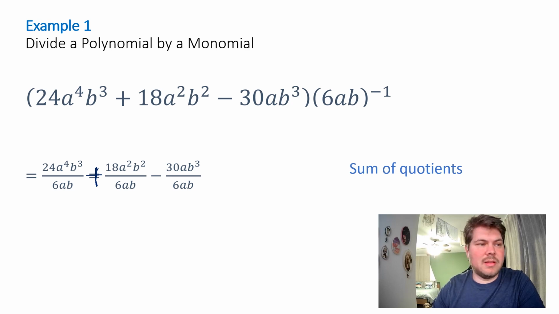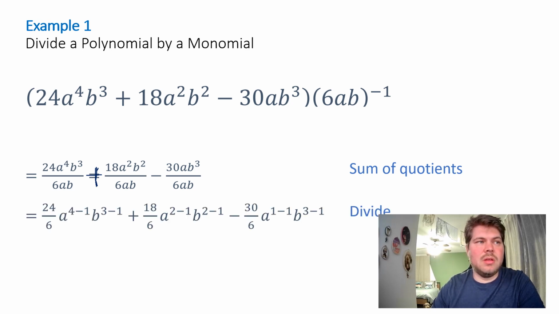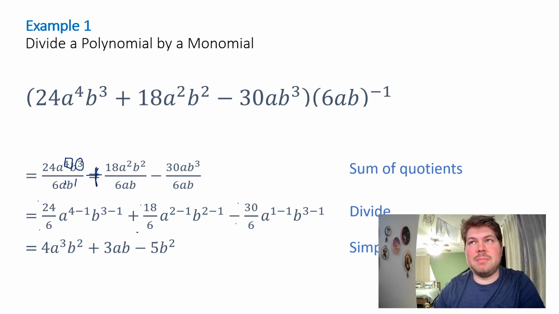I did something like this yesterday too, where you're seeing that you're going to do 4 minus 1, 3 minus 1, and so on and so forth. They're kind of canceling out how many they have on the top versus the bottom. And then you're going to do 24 divided by 6, 18 divided by 6, and 30 divided by 6. And you get 4ab squared plus 3ab minus 5b squared. So that one shouldn't be too bad.